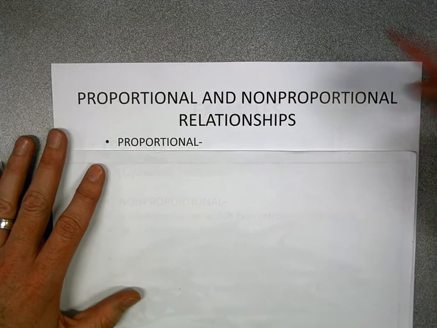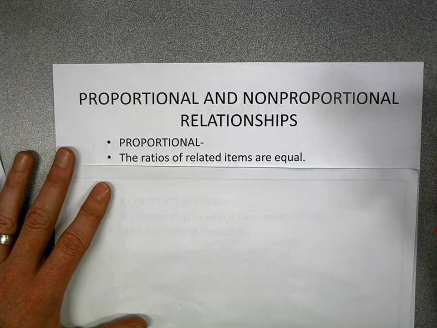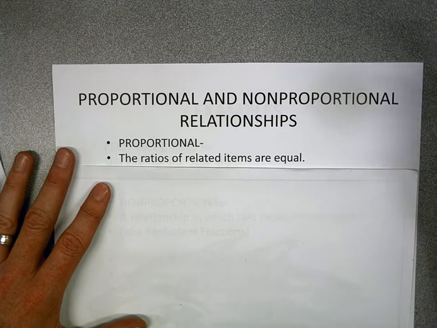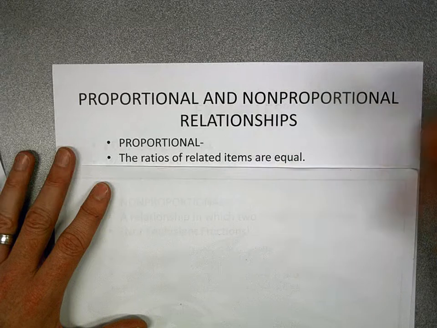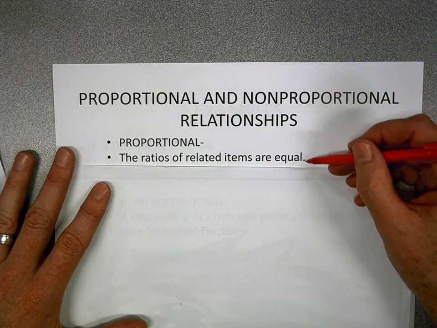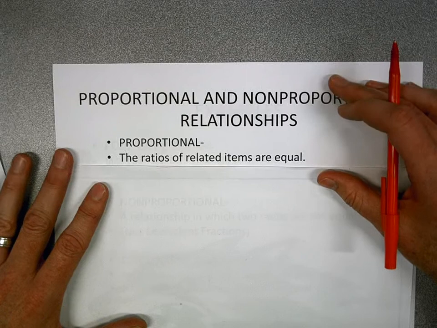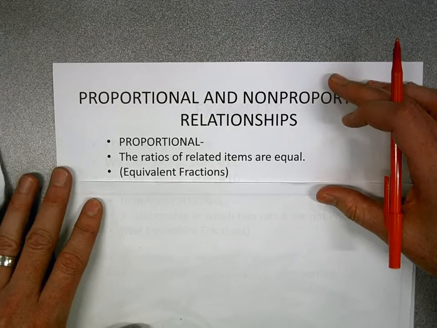Okay, so here's what we've got. When it comes to proportional, your book says this is when the ratios of related items are equal. So proportional, with the suffix -al being an adjective, describes when two ratios of related items are equal. Here is where you can write down in your box, equivalent fractions.